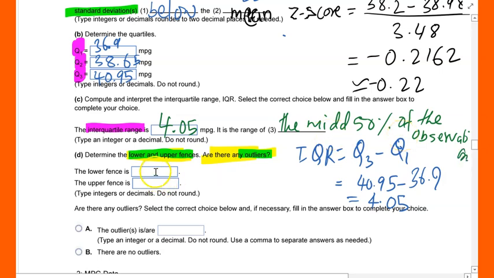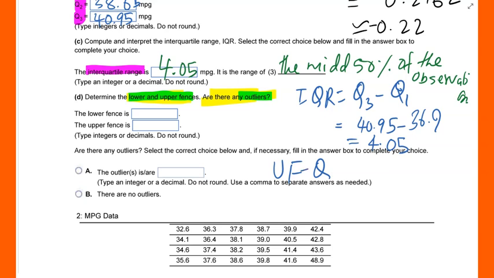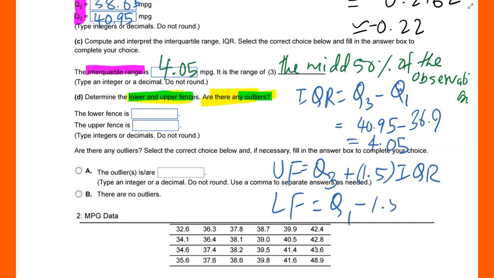All right, now determine the upper fence and lower fence. And we have the formula for that. Let me write the formula. Upper fence equals Q3 plus 1.5 times IQR. Lower fence is Q1 minus 1.5 times IQR.